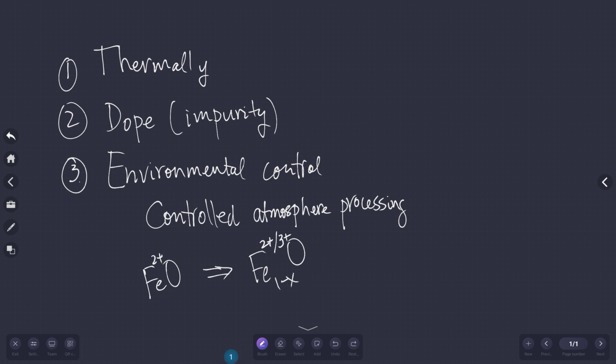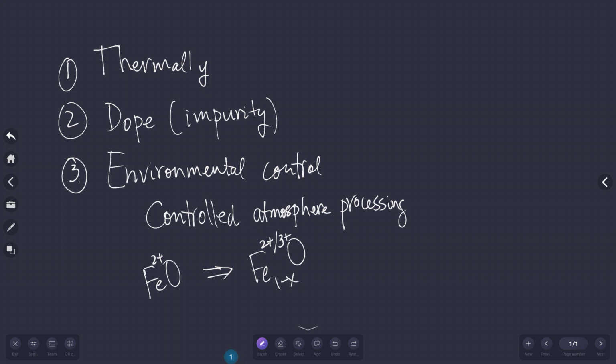And you can see the mechanism of formation of the iron 3+ with this hole that you need to compensate for the charge will convert a divalent iron into trivalent. Okay? Let me show you the cartoon first. So you have your iron, oxygen.